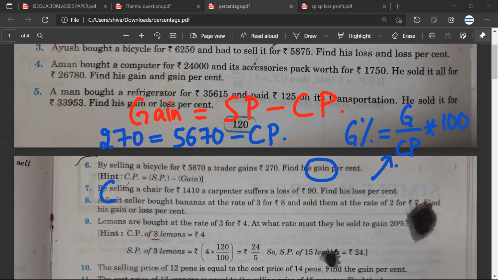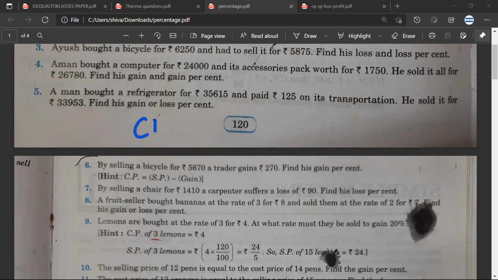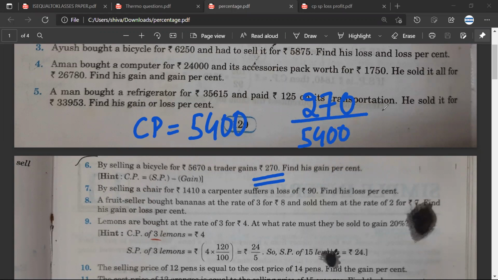Yes, sir. So the cost price would be 5670 minus 270 is equal to 5400. Mr. Aryaman, is it correct? Yeah. So now what we have is the cost price is 5400. He has gained 270 rupees. So the percent would be 270 upon 5400 into 100.